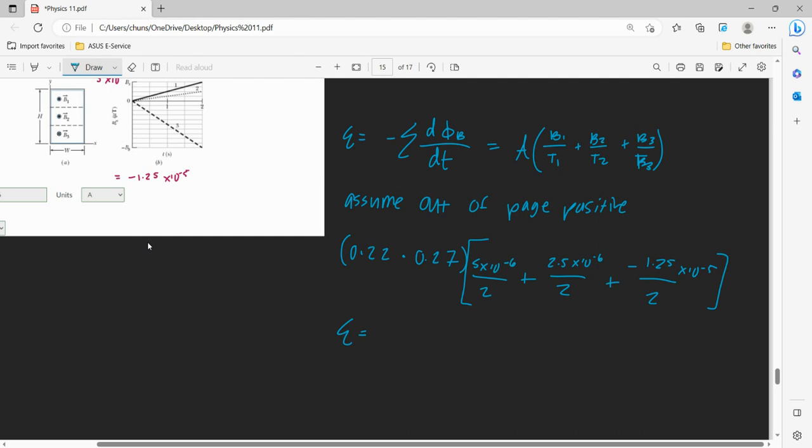And this is multiplied by our area, 0.22 times 0.27, which is equal to negative, and another negative, because we had this negative in front, which gives us positive 2.97 times 10 to the negative 7. Sorry, I forgot to divide by 2. I'm so sorry.